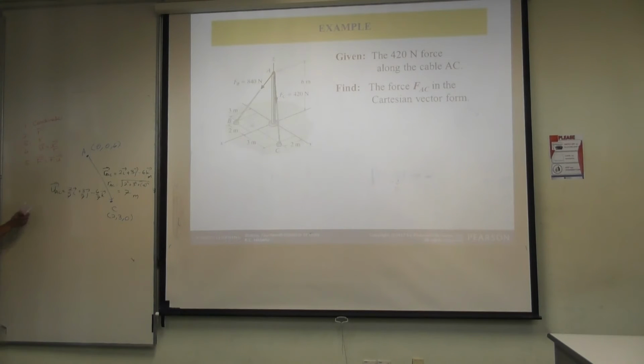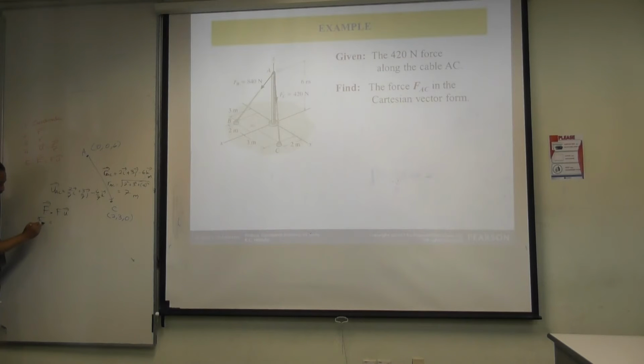Okay, up to this point, any question? Anything not clear? Coordinate, position vector, you subtract, this one square root, this one you just divide. After this, what do you get? You just multiply, so F is simply the magnitude times the unit vector, right?